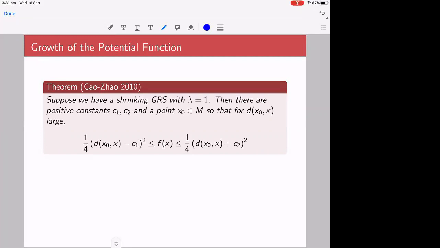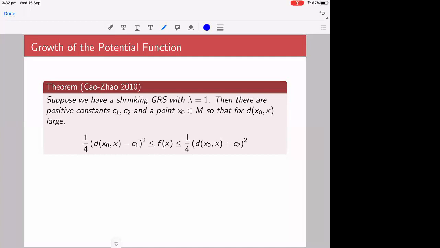What happens to the potential function? Well, it turns out that in this case, there are going to be two constants, let's call them C1 and C2. And there's also going to be a nice reference point, x0, that's in your manifold. So that provided you're far away from this reference point, your potential function is going to have these nice bounds.